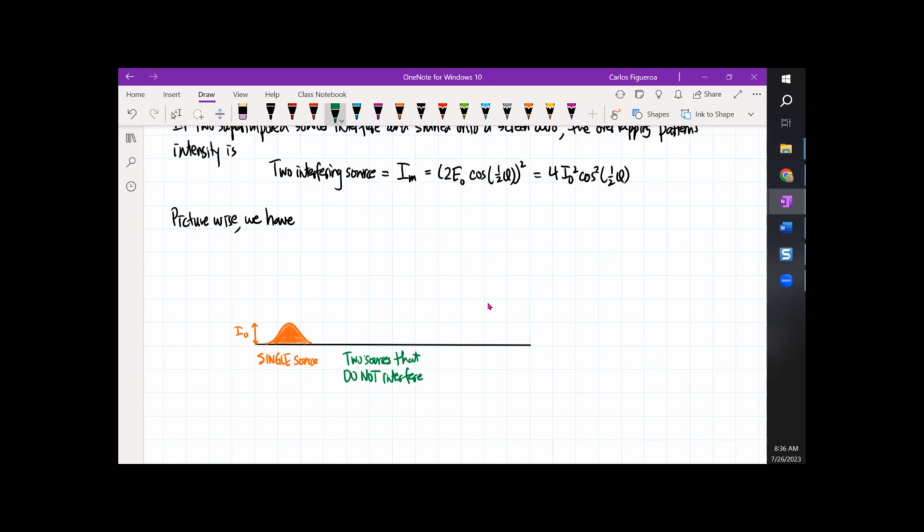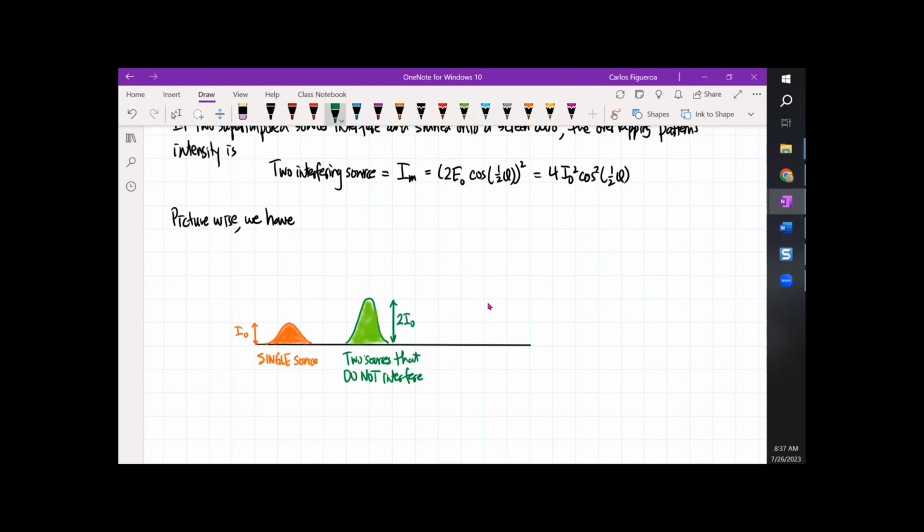So when I look at this, it is then going to be twice as high. Right? That's shining two lights onto the same screen but there's no interference. So I now have twice the light, so it should be twice as bright.